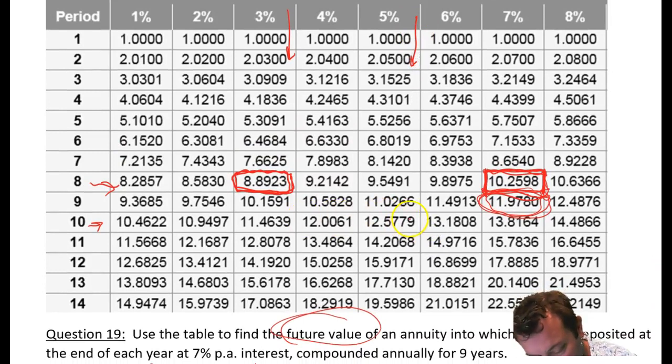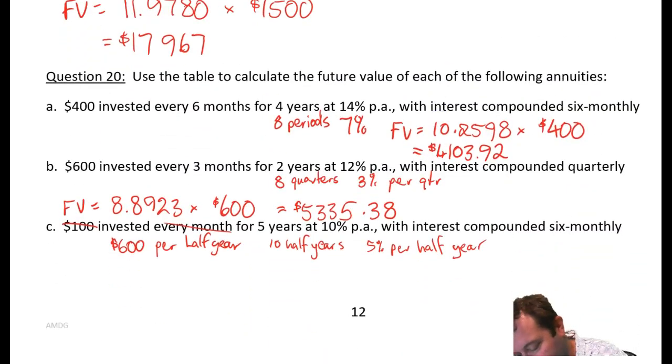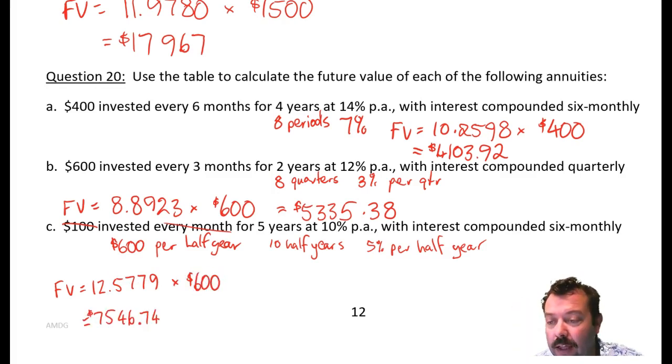So the intersection of that row and column is 12.5779. Times my $600. Okay, and you can see there that we have $7,546.74 as the future value of that investment.